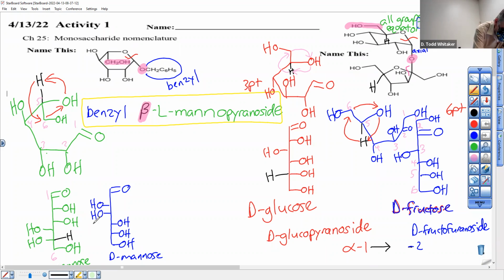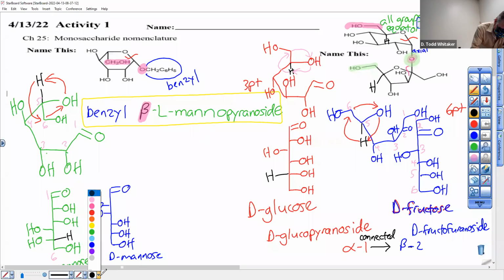There's the CH2OH. Here's the O. They're cis this time, aren't they? That is beta. And you can use the words connected in the middle here. Alpha 1 to beta 2. That's how you'll see I answer those on tests. That whole thing is the answer.